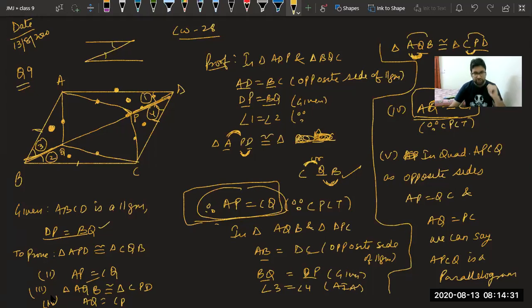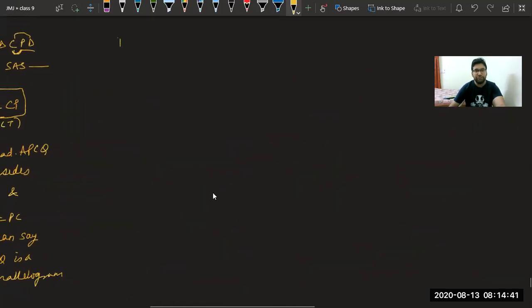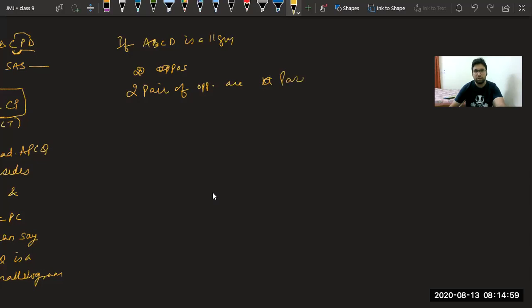Okay, Vaishnav, let us devote some time to your confusion now. Please try to understand. If ABCD is a parallelogram, we can say two pair of opposite sides are parallel, or two pair of opposite sides are equal, or opposite angles are equal.